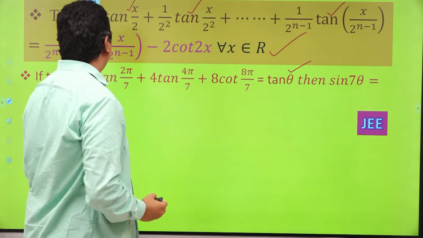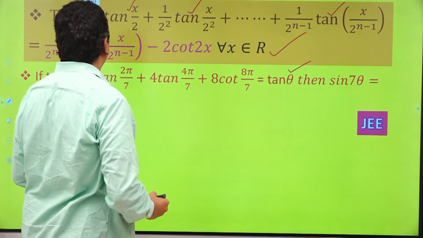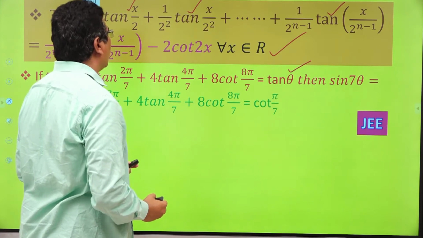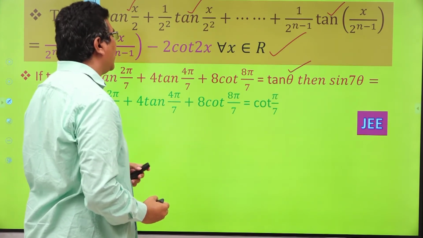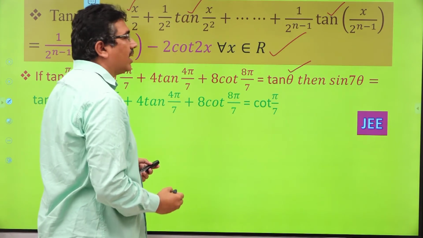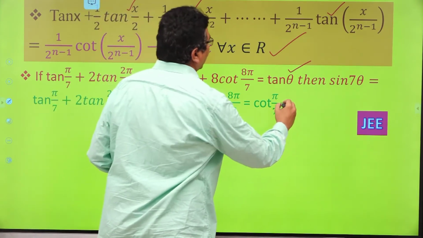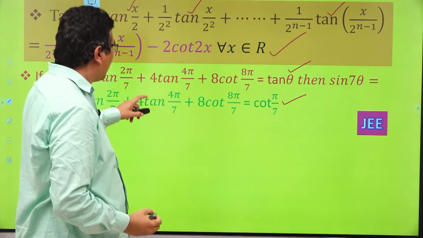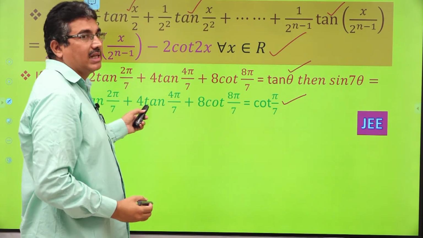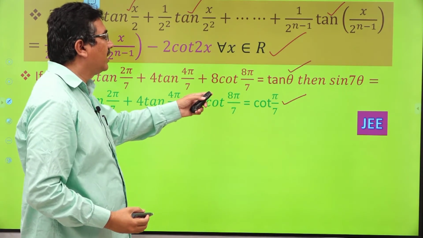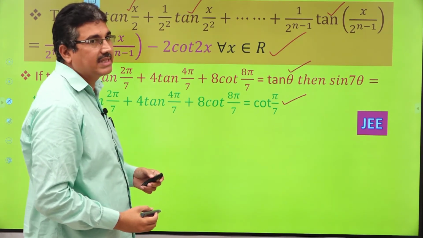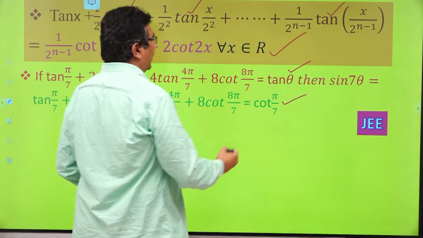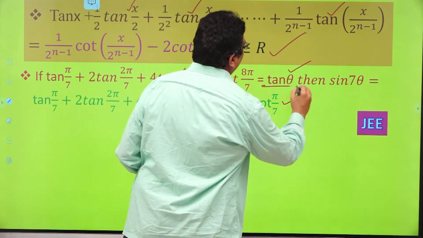So the result is tan theta plus 2 tan 2 theta plus 4 tan 4 theta plus 8 cot 8 theta is equal to cot theta. Applying the previous result, this is equal to cot pi by 7, but in our problem that is equal to tan theta.